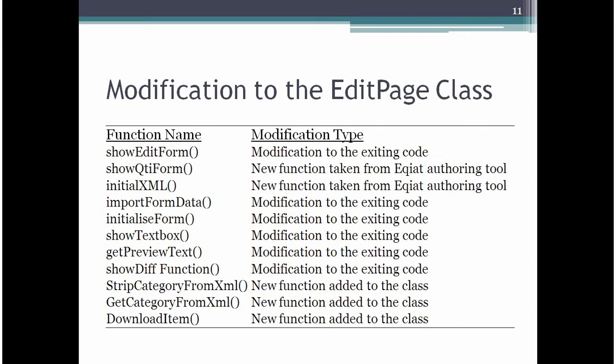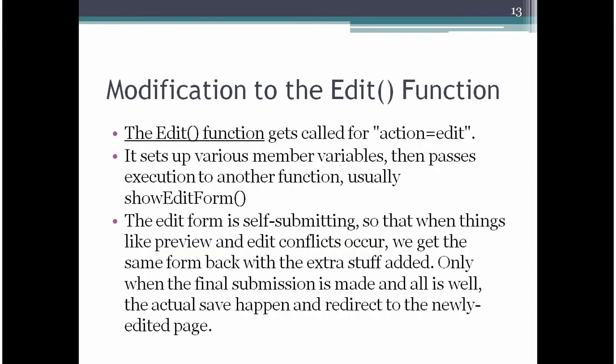Some of them are existing functions that I had to modify, and some of them were taken from the QTI editor that I incorporated in the generic editor of the MediaWiki. Even though that editor was written in PHP, I still had to do some modification to the code to have it be compatible with the engine code. So these are the functions.